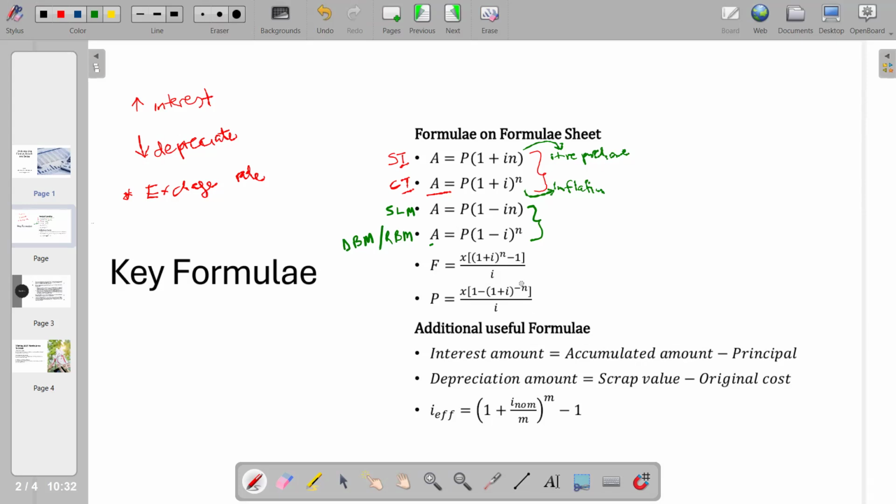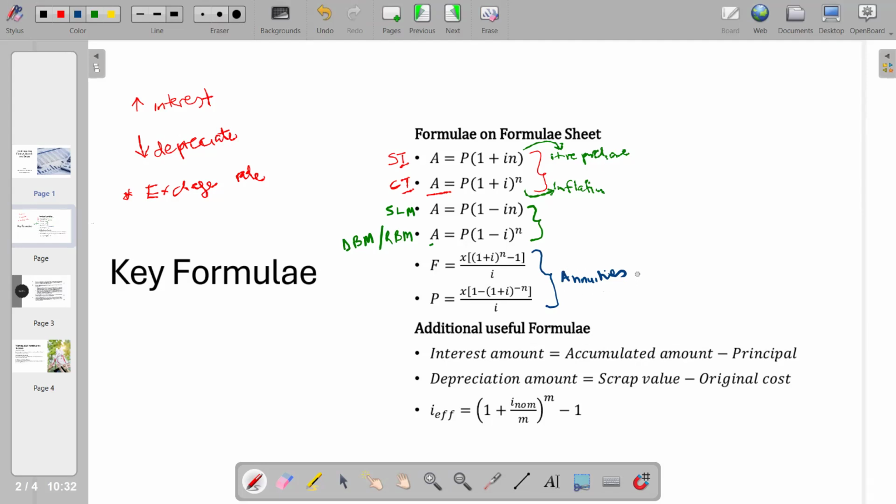Lastly, we have these other two formulas, which are also on the formula sheet. We use these when we are dealing with annuities. An annuity exists when a fixed amount of money is being paid periodically.